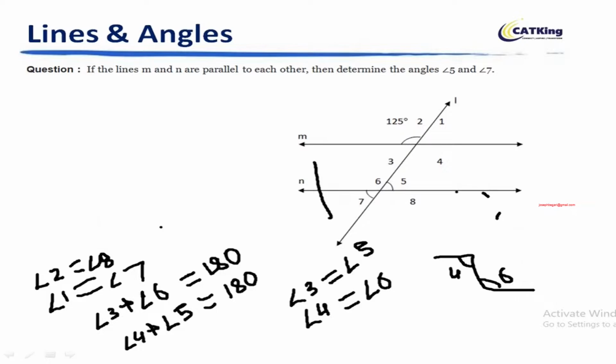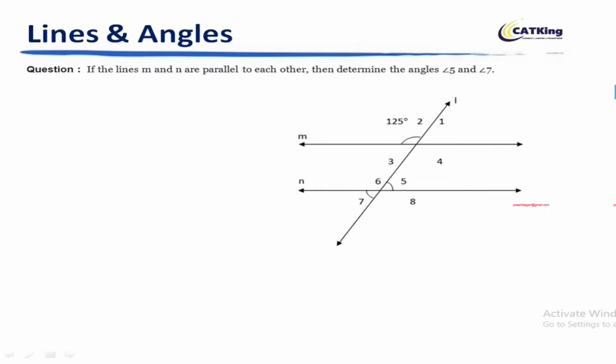Okay, here is question number one. Question number one says if lines M and N are parallel to each other, then determine angle 5. This is angle 5 and angle 7. And given is angle 2 is 125 degrees. By the linear pair property, we already know the value of this angle, right?